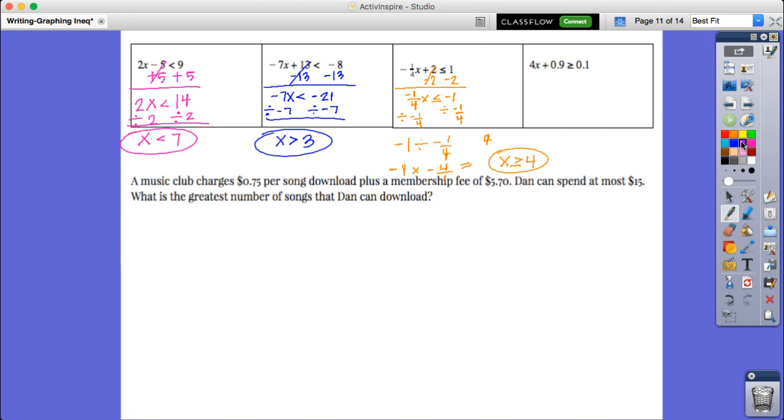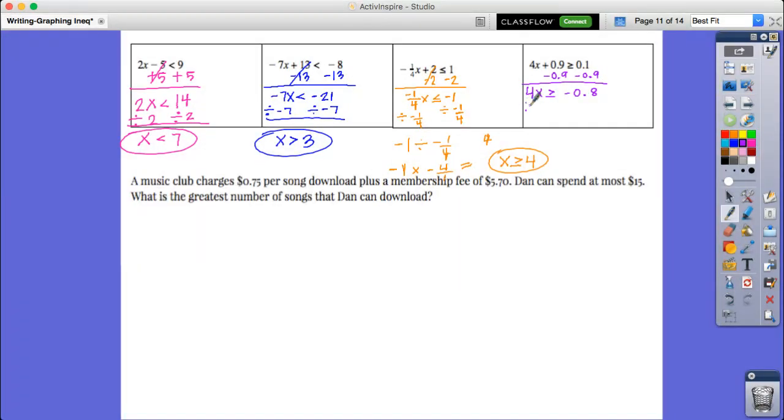All right, let's look at the next one. The first thing I'm going to do is subtract 0.9 from both sides. And I get 4x is greater than or equal to 0.1 minus 0.9 is negative 0.8.